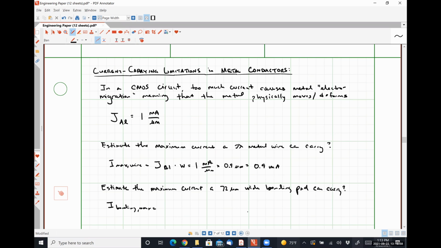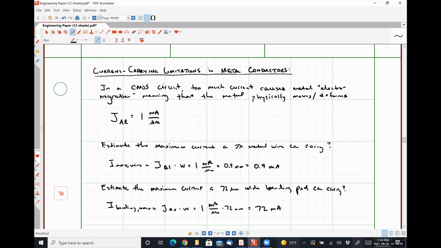What we would have is J aluminum times the width again. This would be 1 milliamp per micron by 72 microns, gives us easy peasy 72 milliamps. So we can't even carry 1/10 of an amp into our chip without burning stuff out, right?